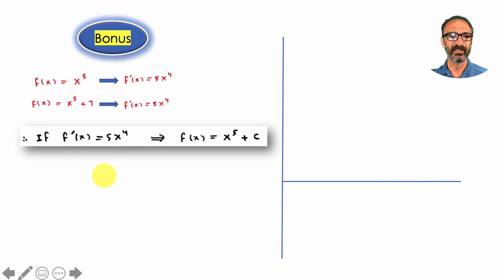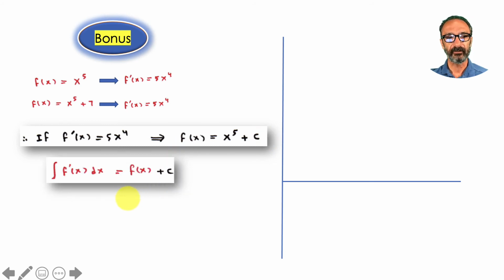Well, this is the whole idea. So if you have the derivative and you take it back, you have to be on the safe side and write plus c. This is called the constant of integration. C could be 0, like in this case. C could be 7, like in this case. C could be 711, like in my case.